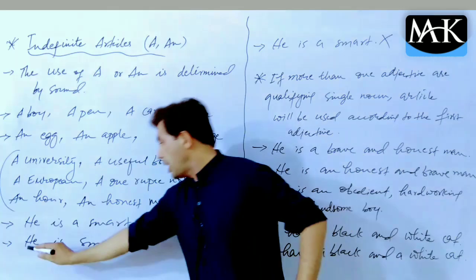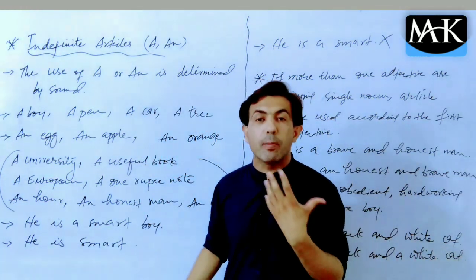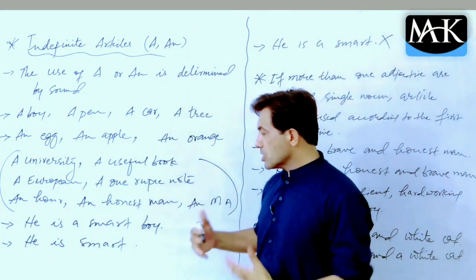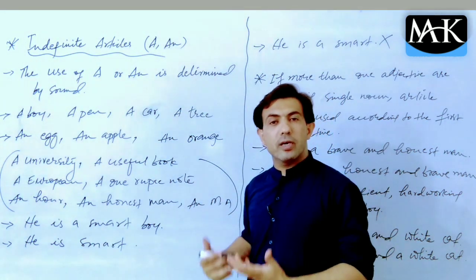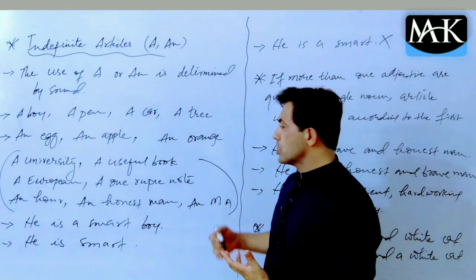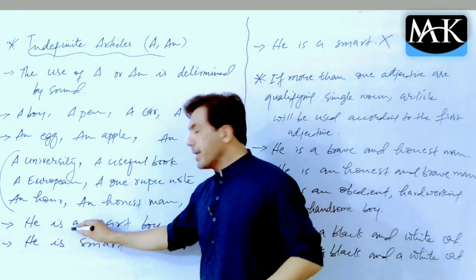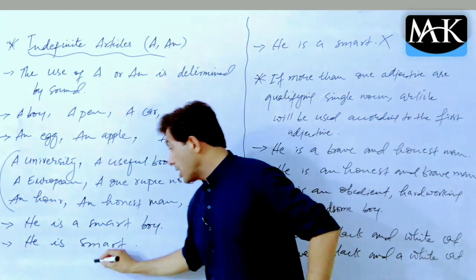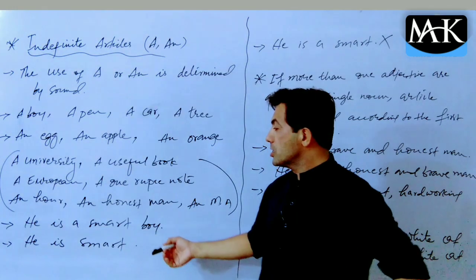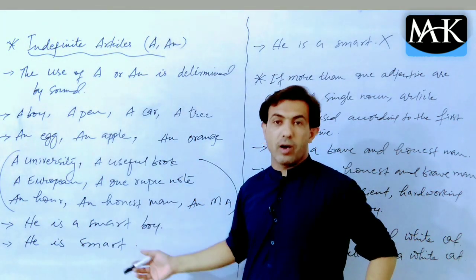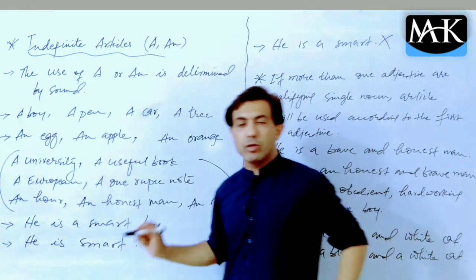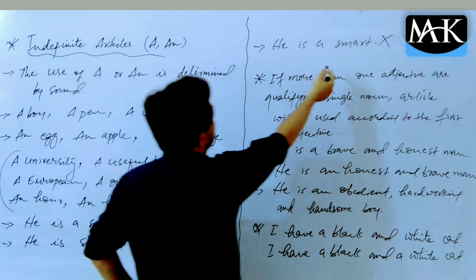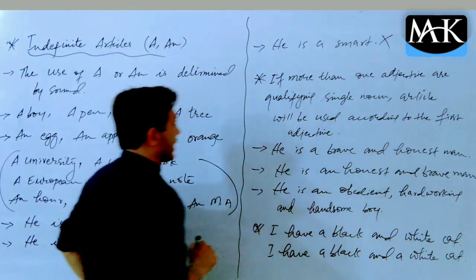Never try to say he is a smart or she is a beautiful. That is wrong. She is a beautiful girl, because now with beautiful we have used the noun girl, therefore we have to use the article a there. So the indefinite article is used with countable and singular nouns, right? He is smart, that is right. If we say he is a smart, it will be wrong because there is no noun.